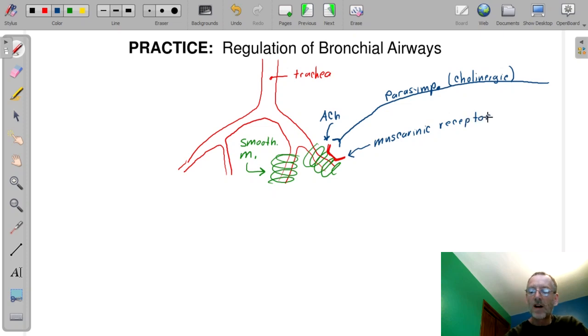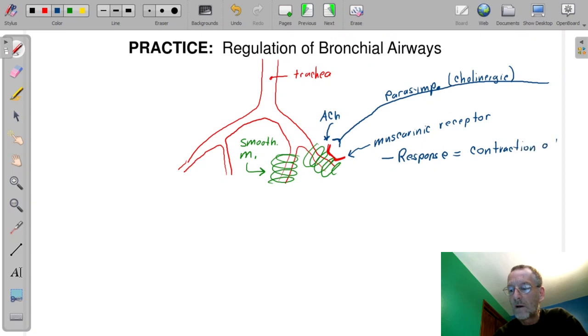And when this pathway dominates, ACH binds to the muscarinic receptor, and the response is contraction of the smooth muscle. And that leads to bronchoconstriction.